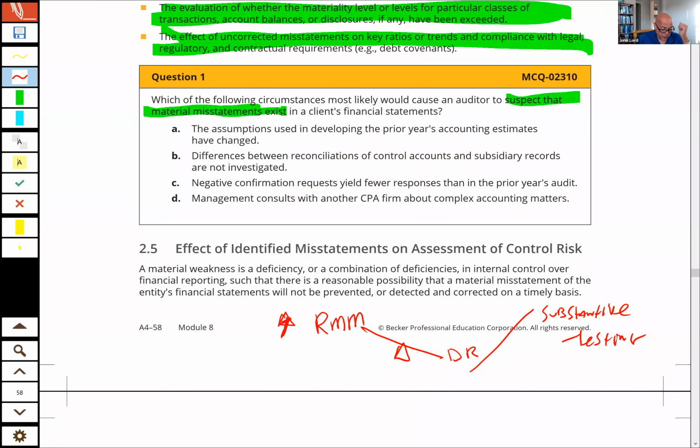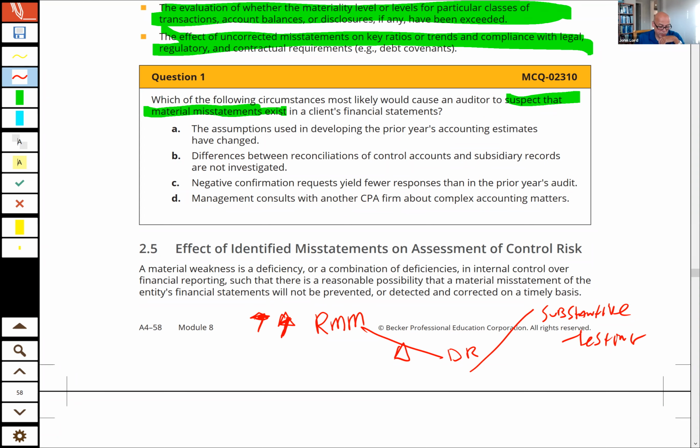Differences between reconciliation of control accounts and subsidiary records are not investigated. I know that's driving up RMM, right? Because that's a control weakness. If you're not making that reconciliation, the client is not, then my control risk is pretty high there.